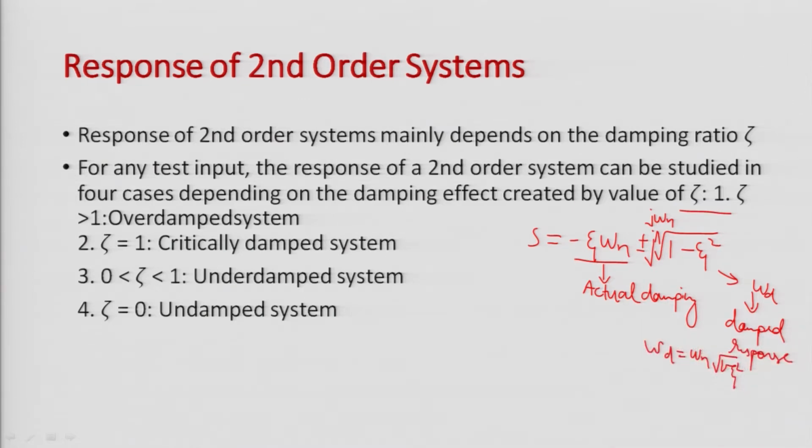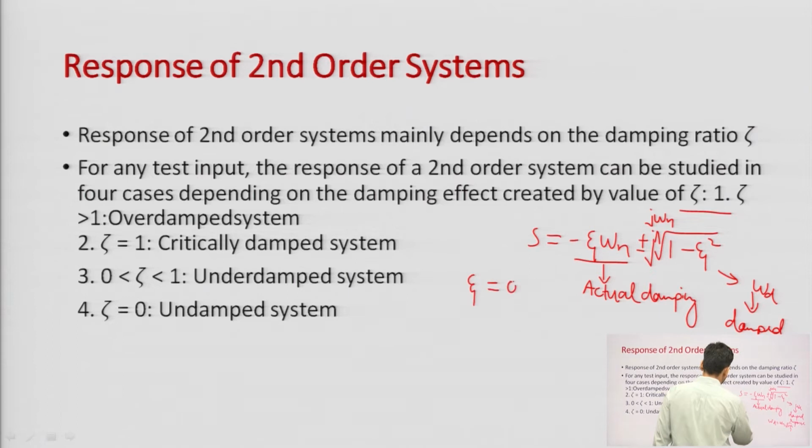If I vary the value of zeta, then the S value, or you can say pole value, will change. In the first case, when zeta is equal to 0, what will happen? The first term will be 0, and the second term, j omega n under root 1 minus zeta square, is j omega n.